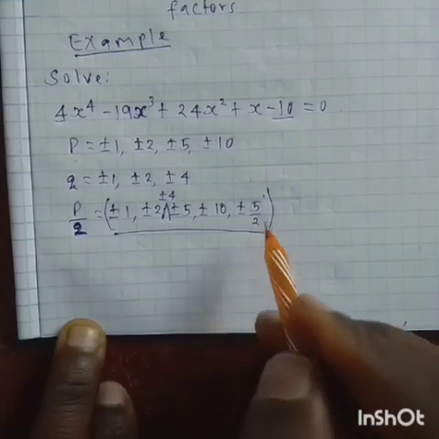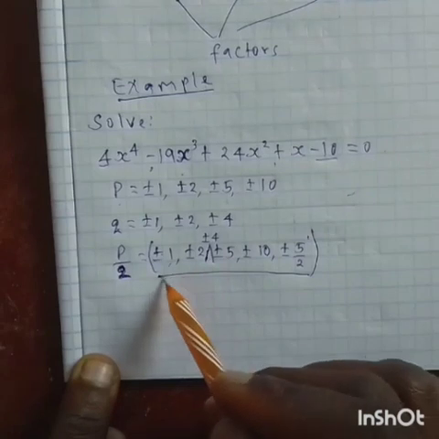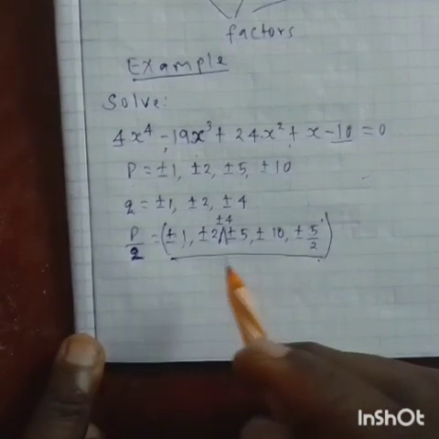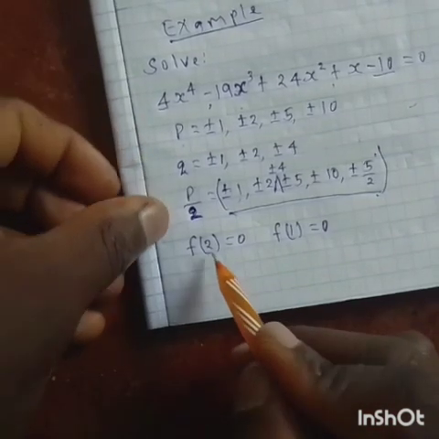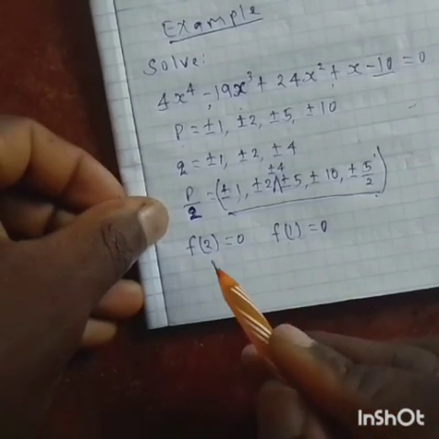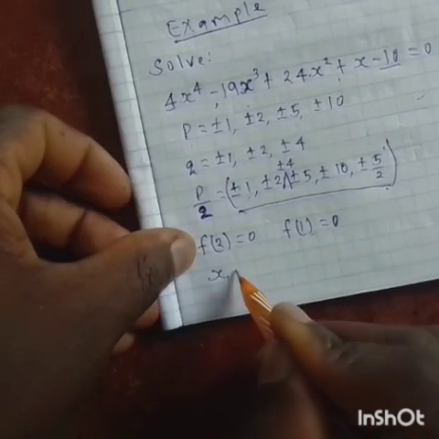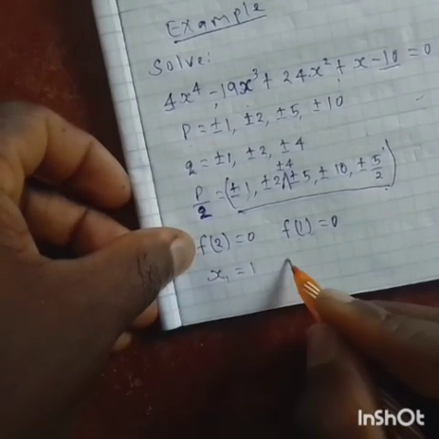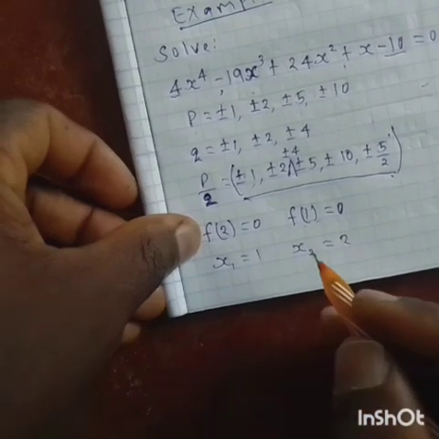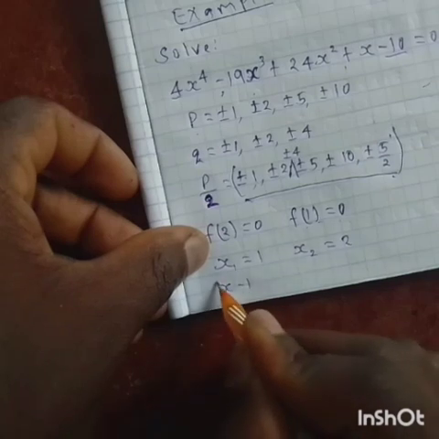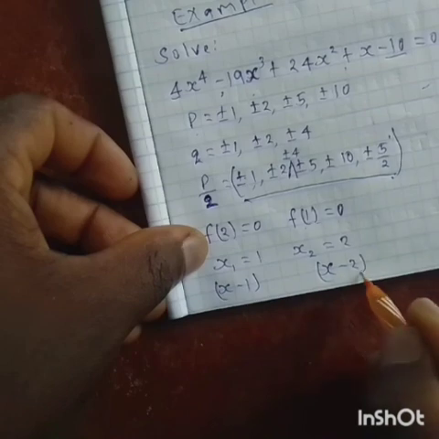Therefore, at least one rational root of this polynomial falls in these values. By substituting, we found that the value 1 gives you 0, and also 2 gives you 0. So 1 will be our first root, and 2 will be our second root, such that x minus 1 shall be our first factor, and x minus 2 shall be our second factor.